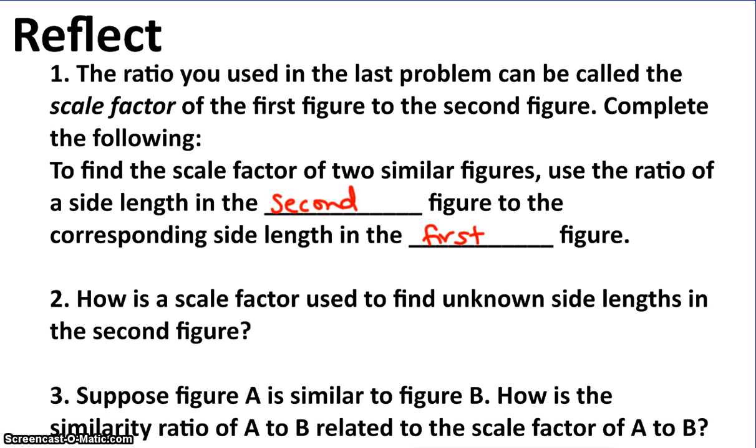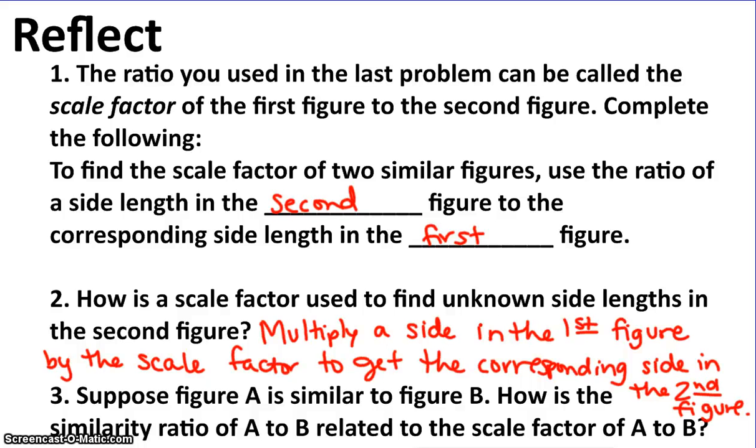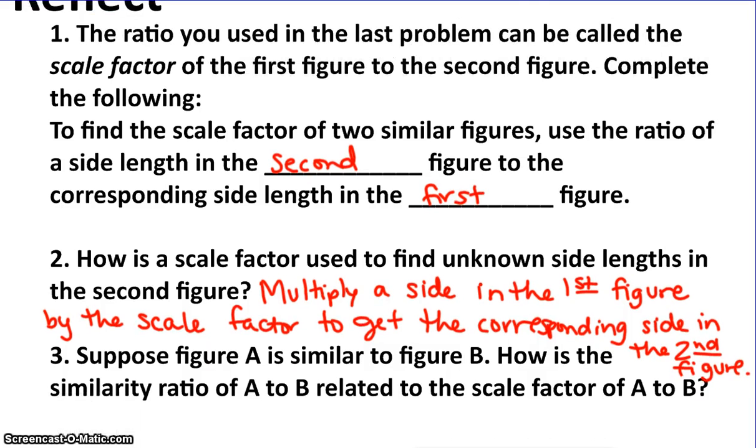So that would give me my scale factor. So how is the scale factor used to find unknown side lengths in the second figure? All we have to do is, once we have the scale factor, multiply it to the side, and that would give us the corresponding side. So we take the side we know in the first figure, multiply it by the scale factor, and that gives us the corresponding side in the second figure.